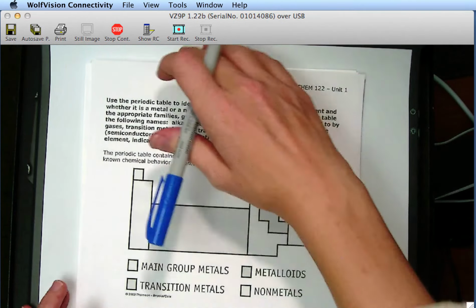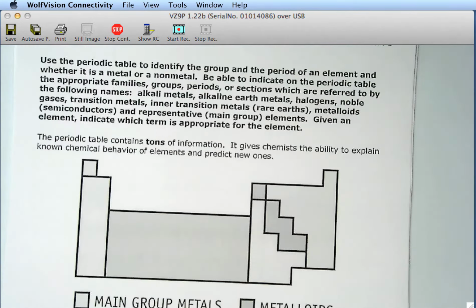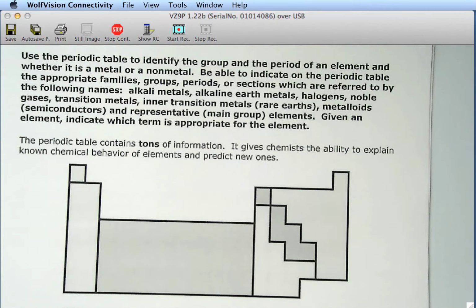So one of our objectives is to use the periodic table to identify the group and the period of an element and whether it's a metal or nonmetal. Be able to indicate on the periodic table the appropriate families, groups, periods, or sections, which are referred to by the following names. Alkali metals, it goes through.